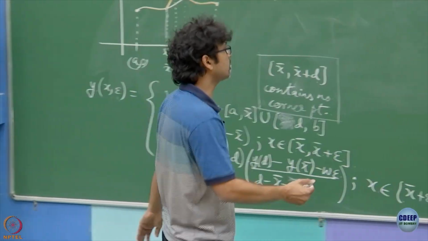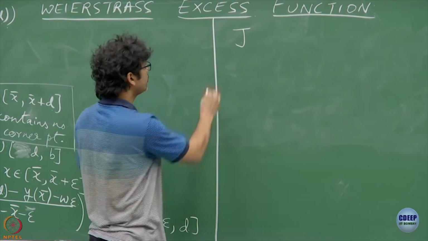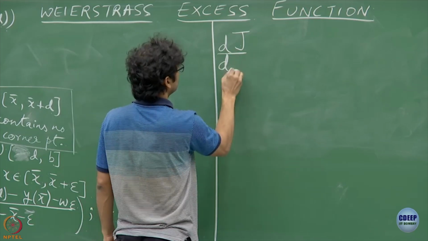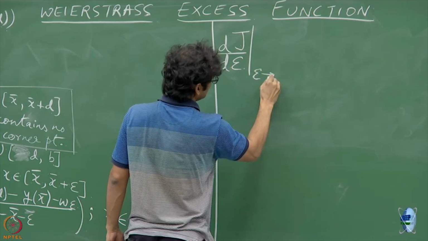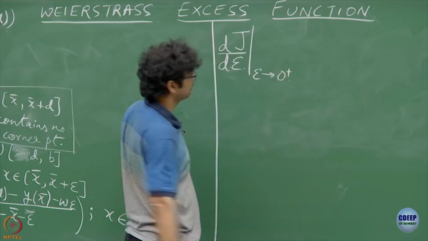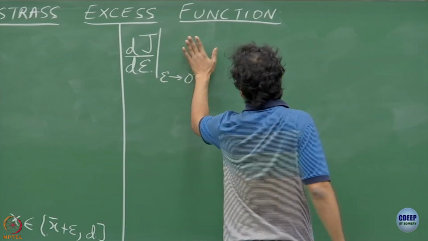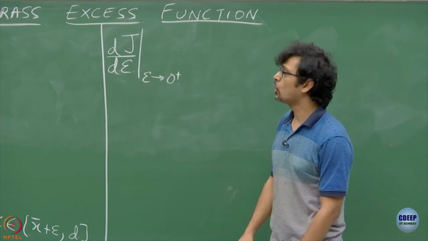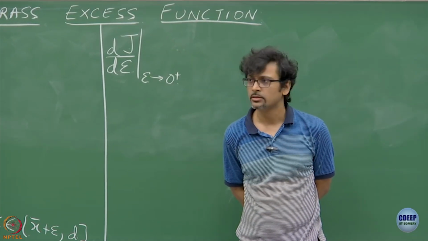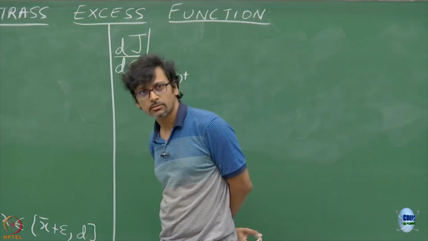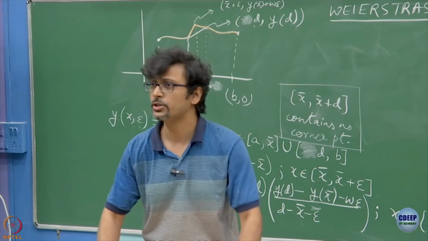If you have a cost functional J, and you take the derivative with respect to epsilon and let epsilon tend to 0 plus, you should ensure conditions that give you this quantity being non-negative, right? Because in a Taylor series expansion in terms of epsilon, that's the first order term.